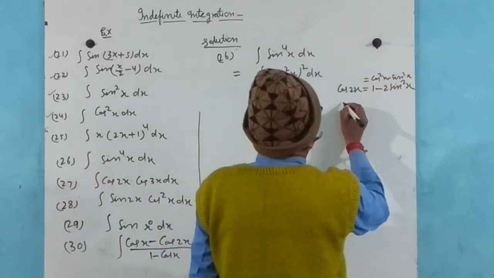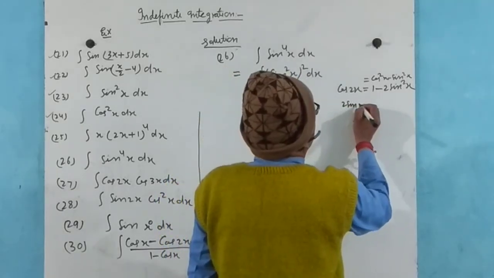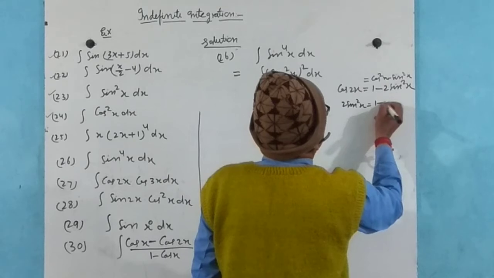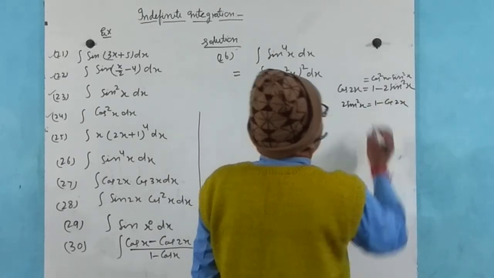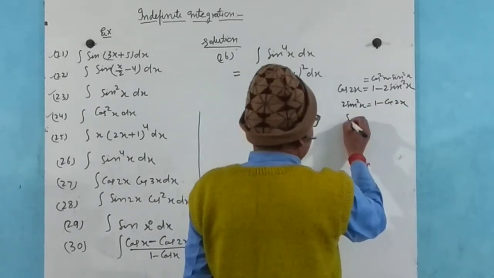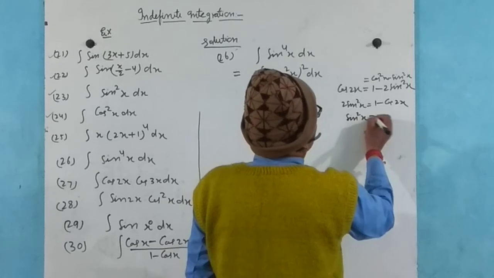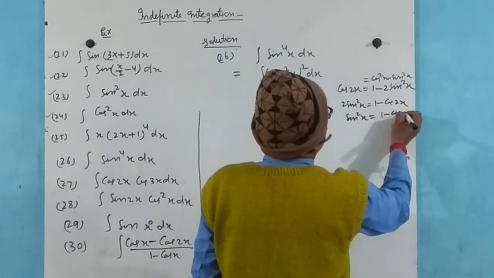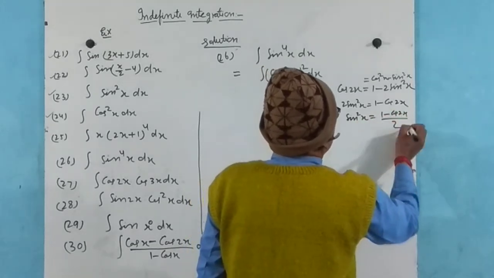This comes here 2 sin square x equal to 1 minus cos 2x. It means that sin square x equal to (1 minus cos 2x) divided by 2 here.